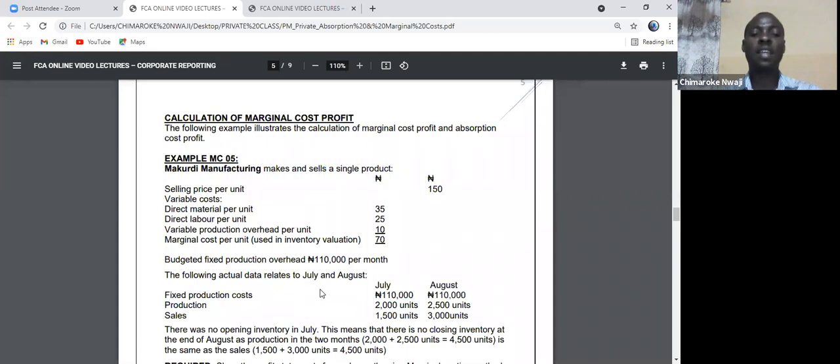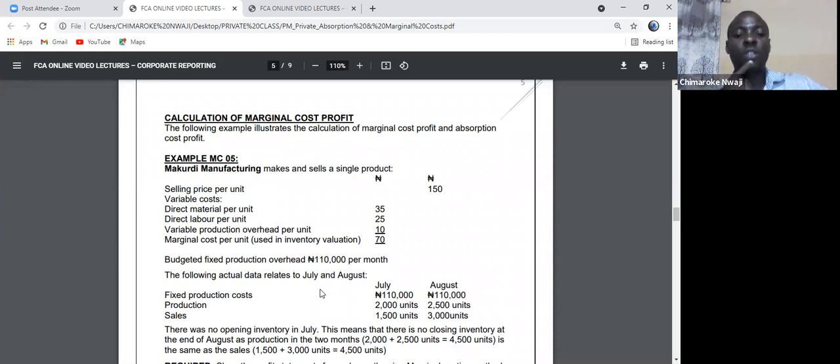First, let's take a look at marginal cost profit. Look at this question. Makurdi Manufacturing makes and sells a single product. The selling price for the single product is 150 naira per unit.